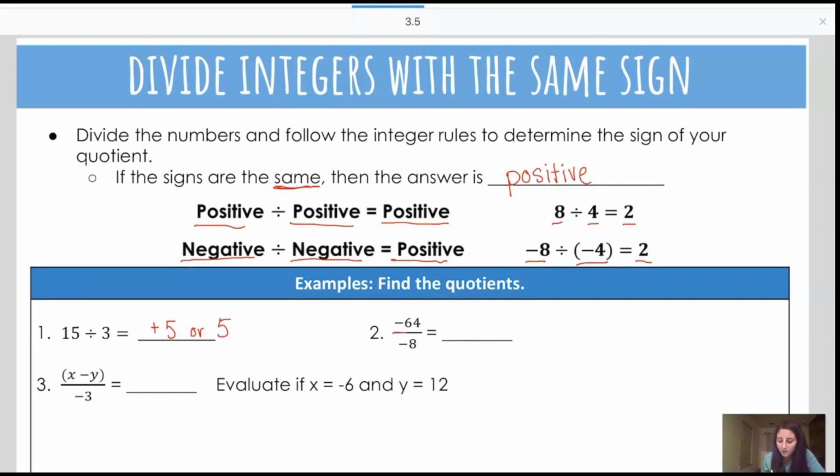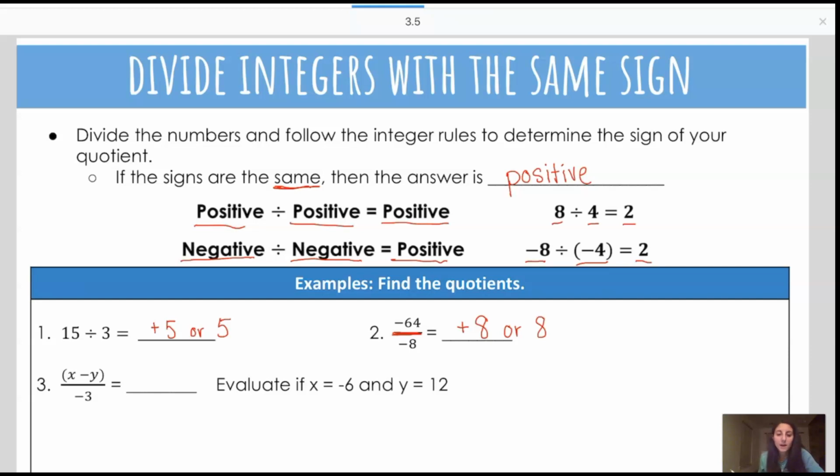It's important that you know that this fraction bar represents a division sign. So that says negative 64 divided by negative 8. Here we have a negative divided by a negative, so the signs are the same, so our answer is again positive. And 64 divided by 8 is 8. So we have positive 8 or just 8, same thing.